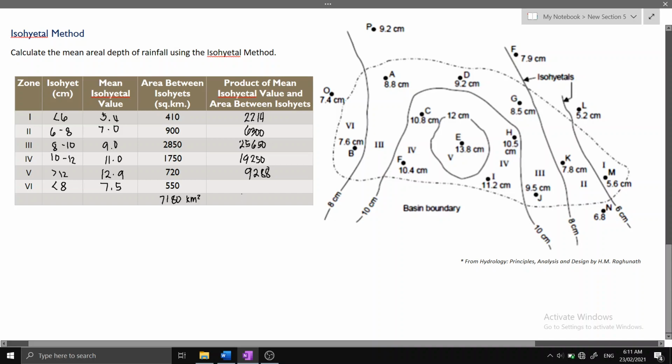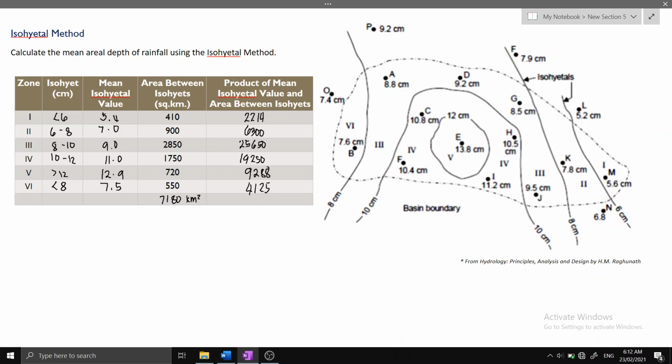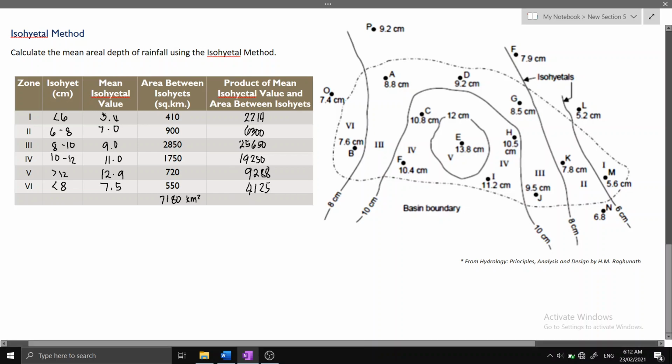And then 4,125. So you will have to get the total, which is 66,827 kilometer squared centimeter.